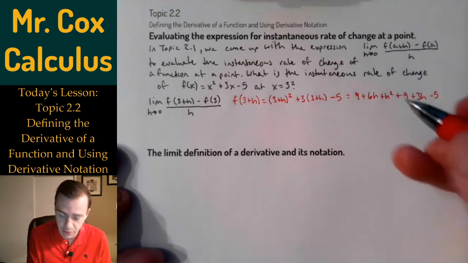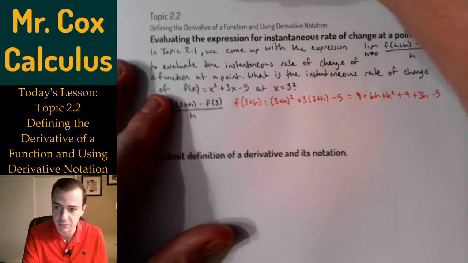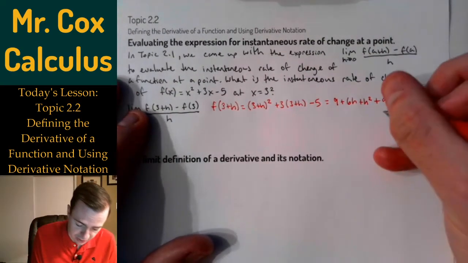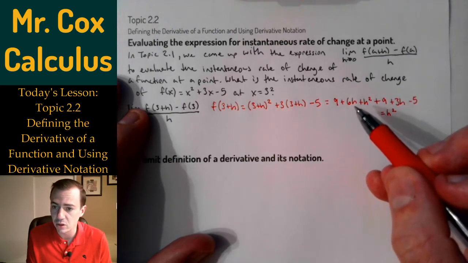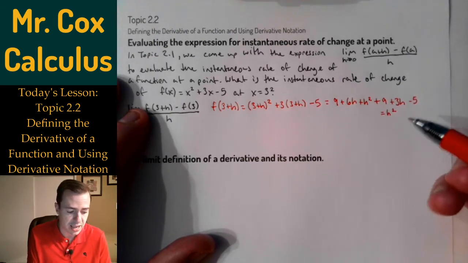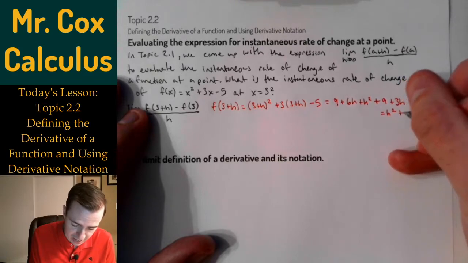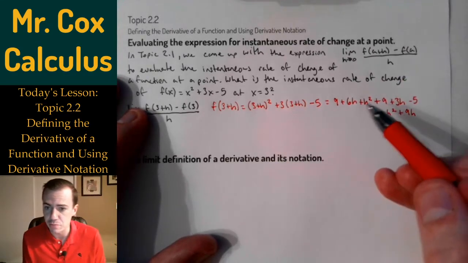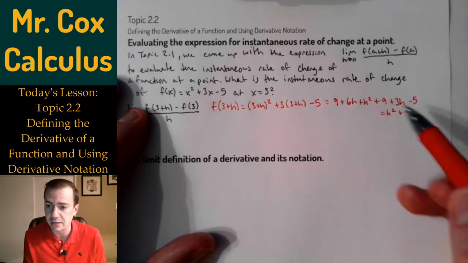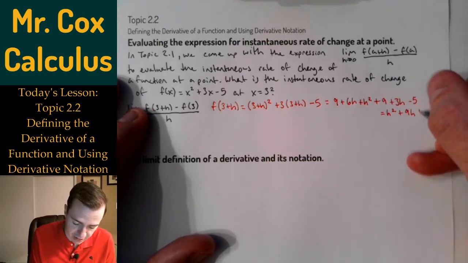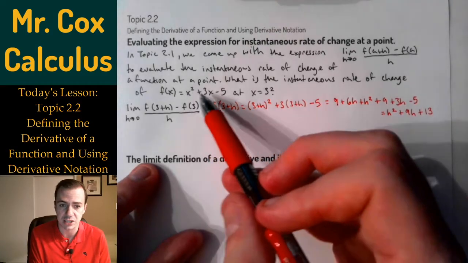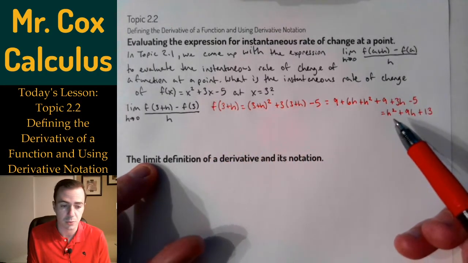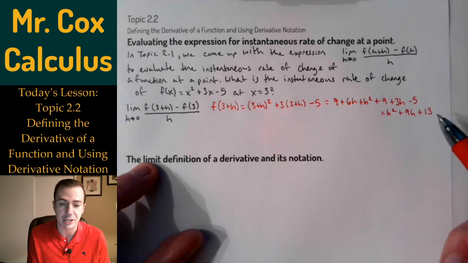I've got a single h squared. I've got 6h and 3h, which is 9h. And for my numeric values, I've got 9 and 9 minus 5, which is 18 minus 5, or 13. So if I substitute 3 plus h into this quadratic, I get h squared plus 9h plus 13.